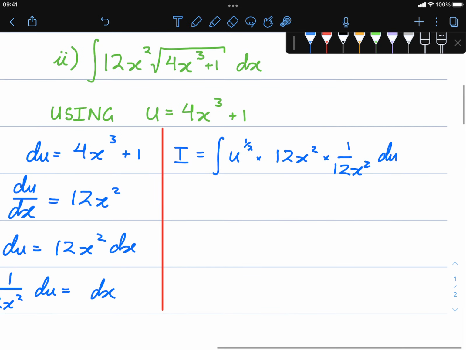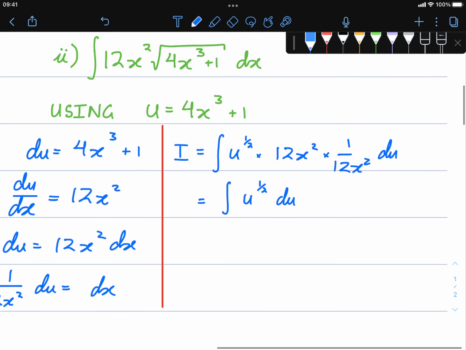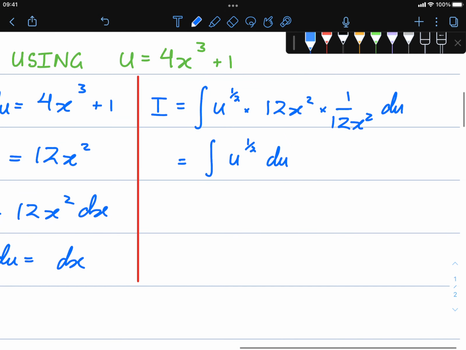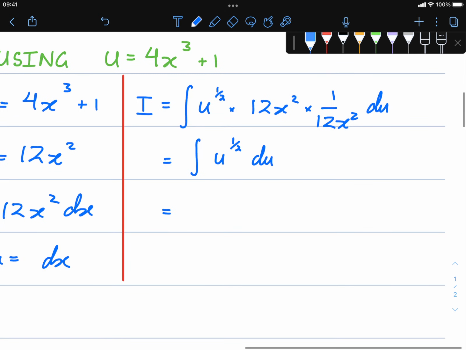Notice how these two will cancel each other out, and we are left with just the integral of u to the power of half du. Then from here, we just integrate as normal.